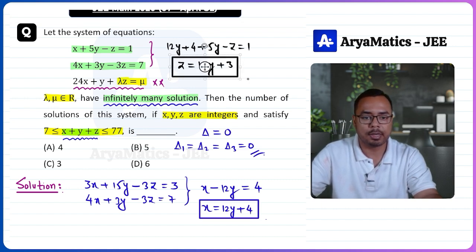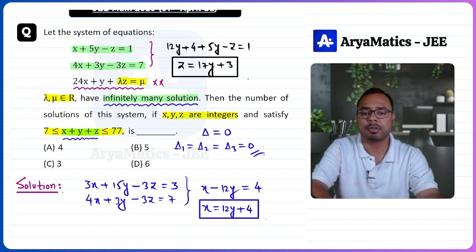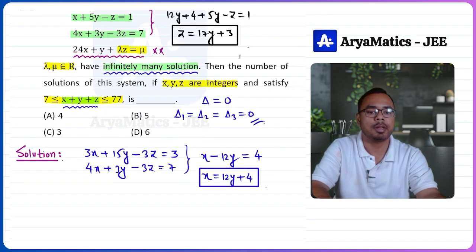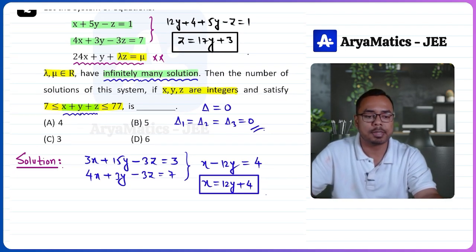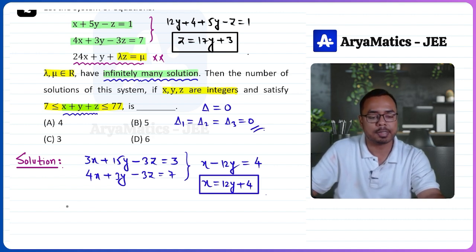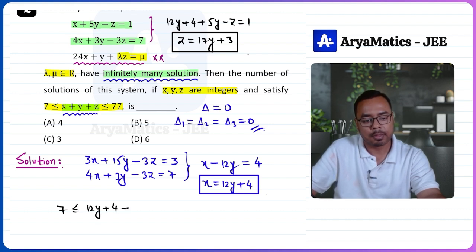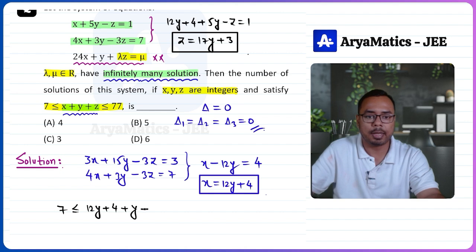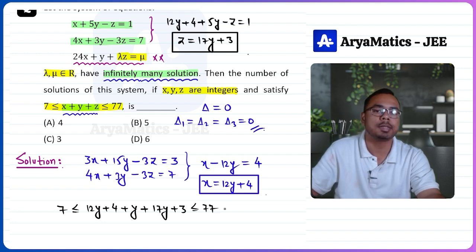So we got x in terms of y and z in terms of y, and now the given relation is that x plus y plus z is between 7 and 77. So x is 12y plus 4, then y, and in place of z we have 17y plus 3, and this should be between 7 and 77.